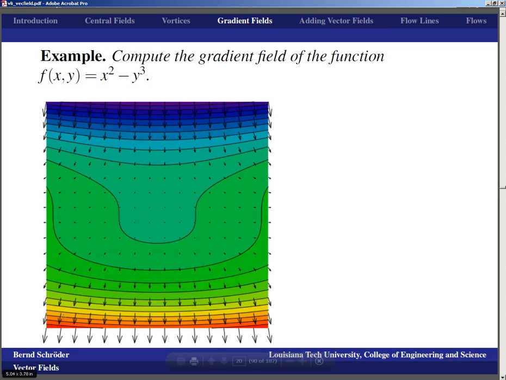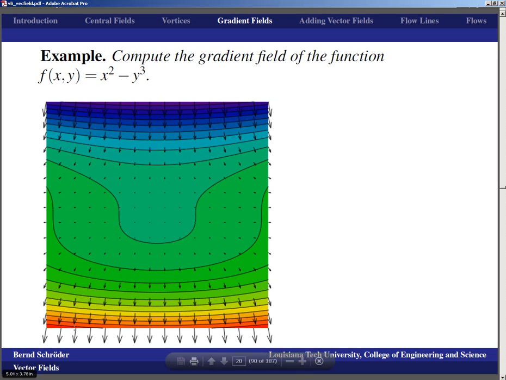And these gradients are always, as we have also talked about, perpendicular to the level curves in this contour plot. If this was a heat diagram, remember the gradient points in the direction of steepest ascent.